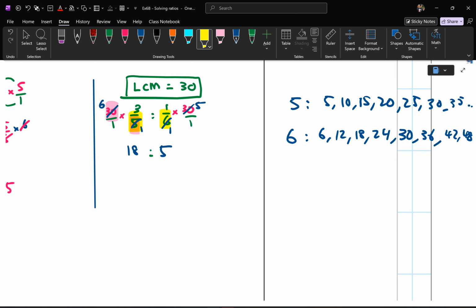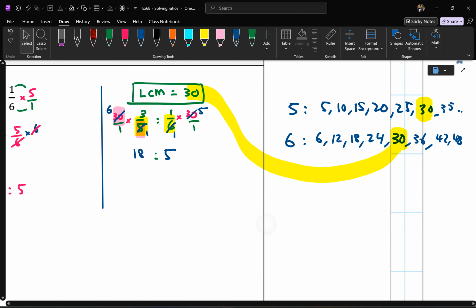What we can see is the lowest common, so when are they both in common? It's when that occurs. And so that's called your lowest common multiple. And it just means that for both ends, if I times it by 30, eventually it will fit nicely. So how many 5s will fit nicely in 30? 6 times. And how many times will 6 fit nicely in 30? It will fit 5 times. That's why you look for LCM. So you're converting a fraction into a whole number, essentially. That's why you do that.